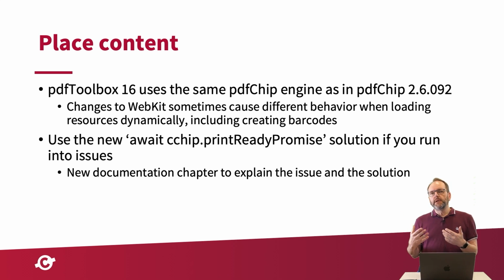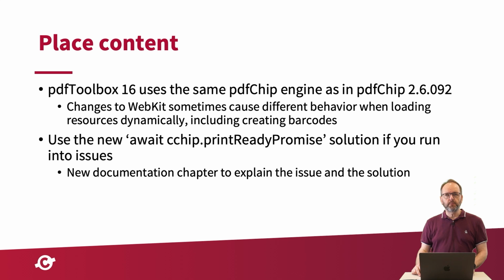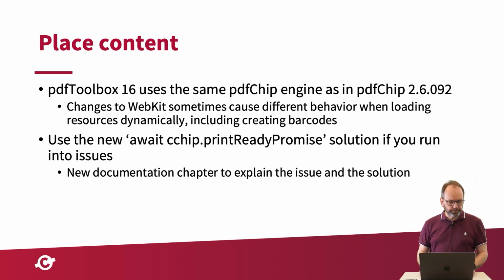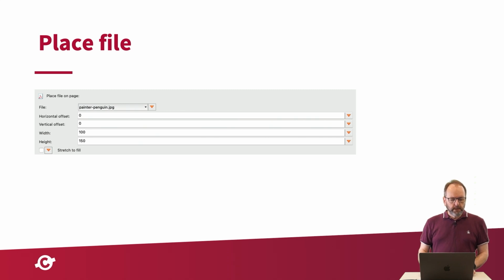And so you need to make sure that you do the right thing there. You can find the explanation for that in the pdfChip documentation. It's not that difficult to fix, but if you use pdfToolbox 16 with barcodes or dynamically loaded images and you have issues, remember that there is such a change, and that you can fix it. Quite simple, but you need to go to the documentation for pdfChip and look at the chapter for dynamically loaded resources. Good.